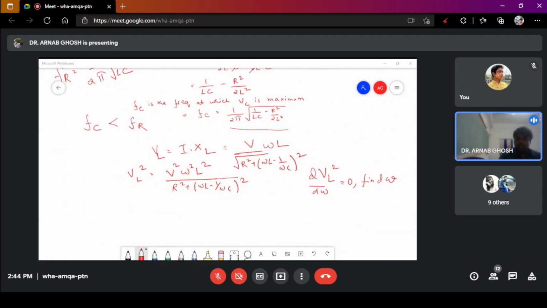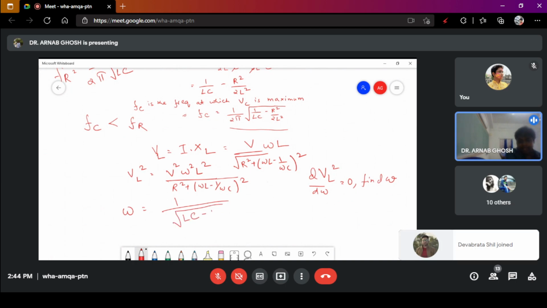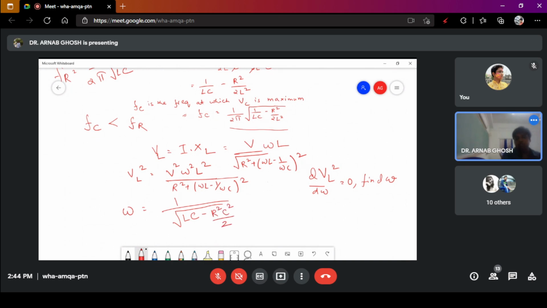The final result for omega is 1 by root over LC minus R square C square by 2. So you can see from this itself that this will give you the formula for FL.